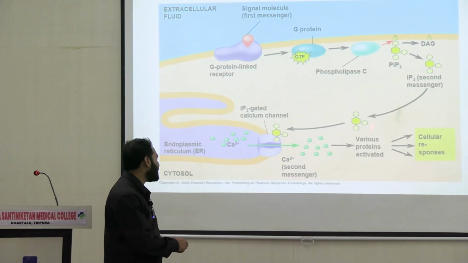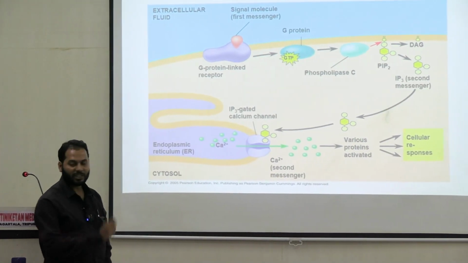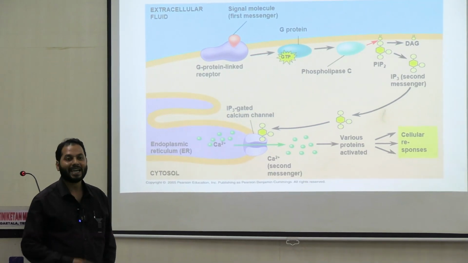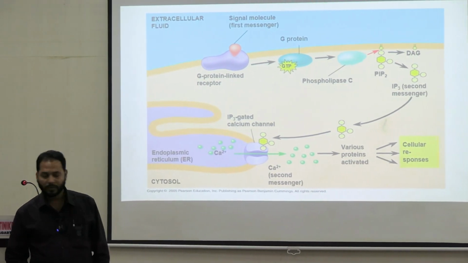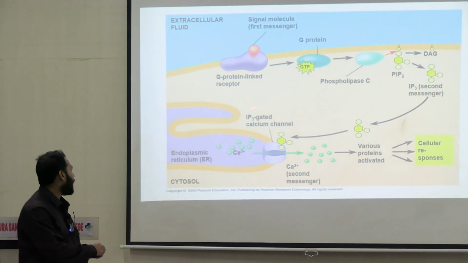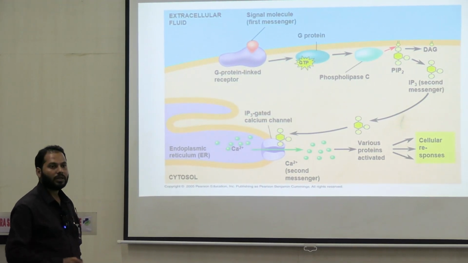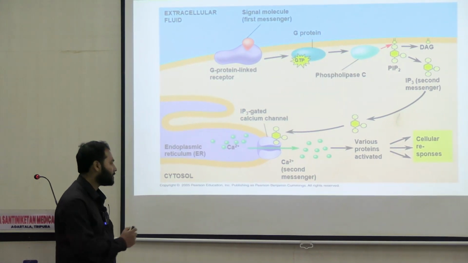Before the formation of IP3 or inositol triphosphate, this channel was inactive, right? It doesn't allow the calcium ions from ER to the cytosol. But once IP3 binds to the specific IP3 gated calcium channel, it allows the calcium ions to be released from the ER to the cytosolic phase.